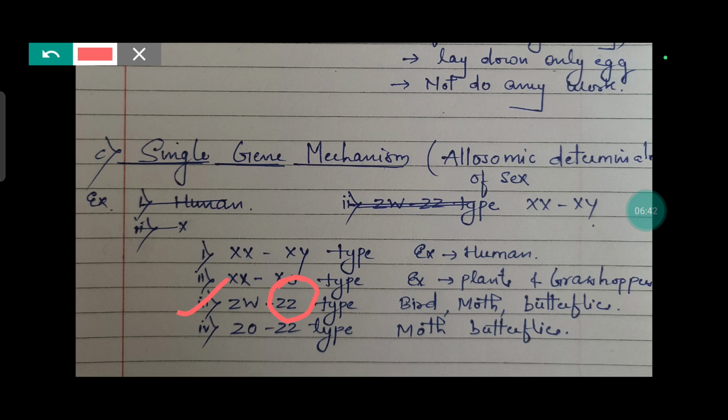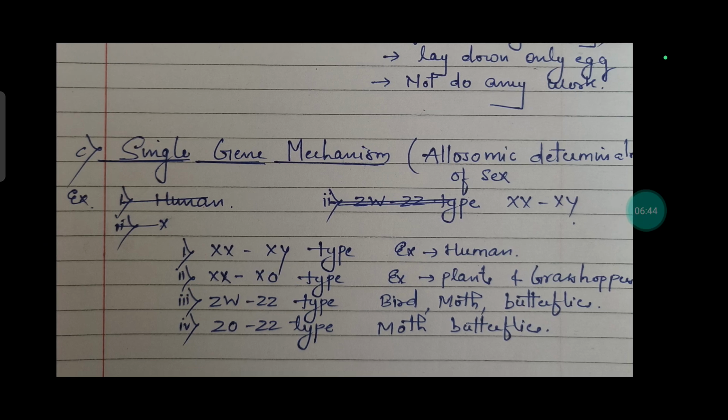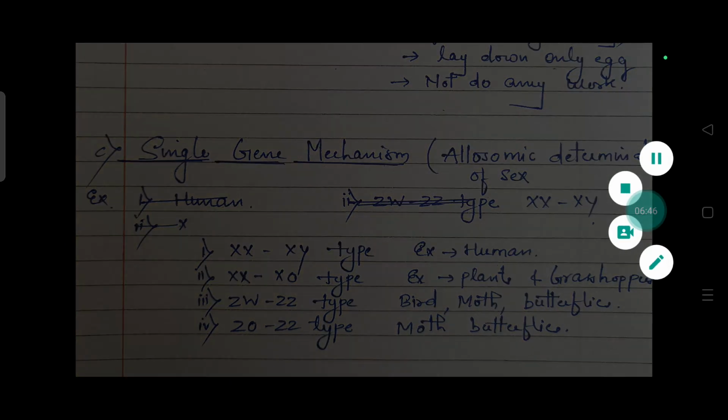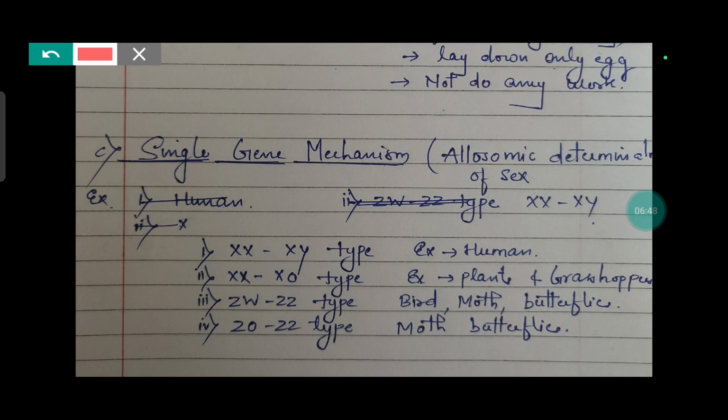The same thing applies with ZO: if ZO combination is there, it means a female moth, and if ZZ is there, it means a male moth.